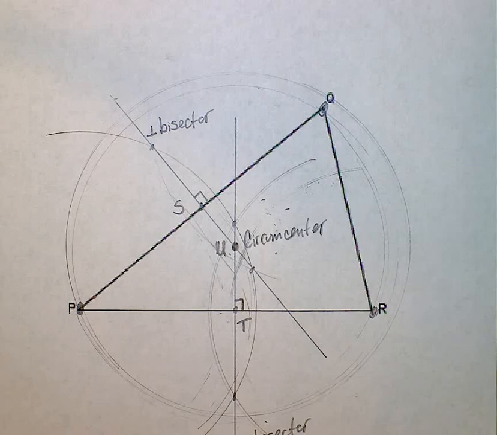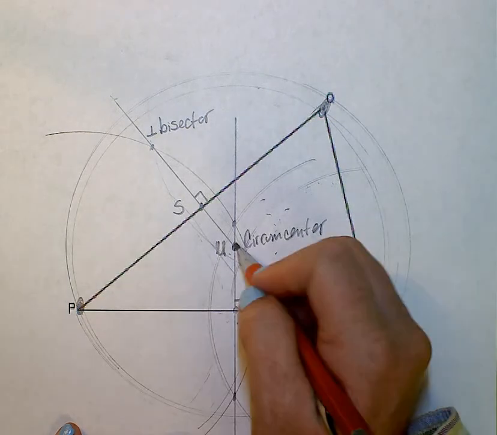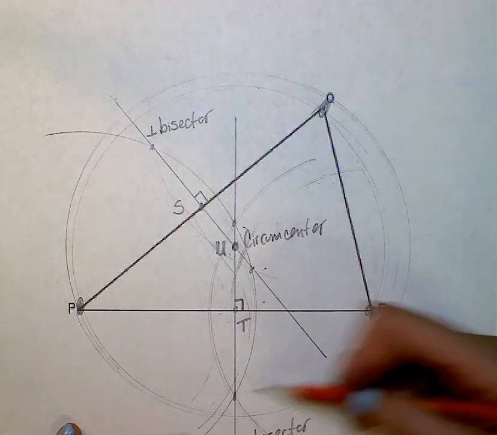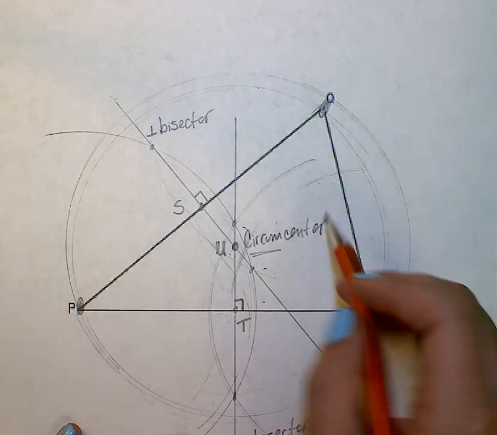Yeah, that one was a little bit better. So if you've done this correctly, the circumcenter is the center of the circle which is drawn around the triangle. That's why circum means around. And it catches all 3 points of the triangle.